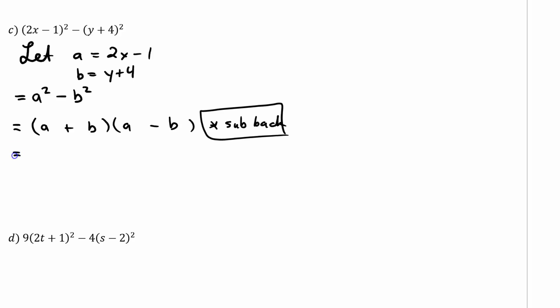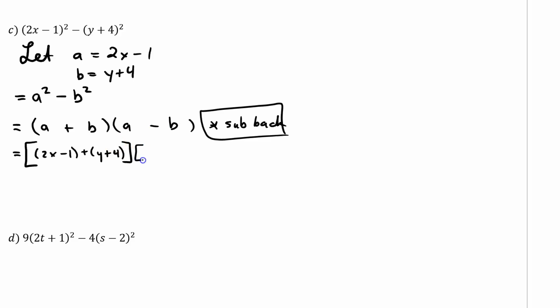So I'm going to whip out those square brackets again, and anytime I see a, I'm going to write 2x minus 1. Anytime I see b, I say y plus 4. The reason why I'm putting them in brackets is not because of the addition factor. It's because of this factor right here, because there's a negative.